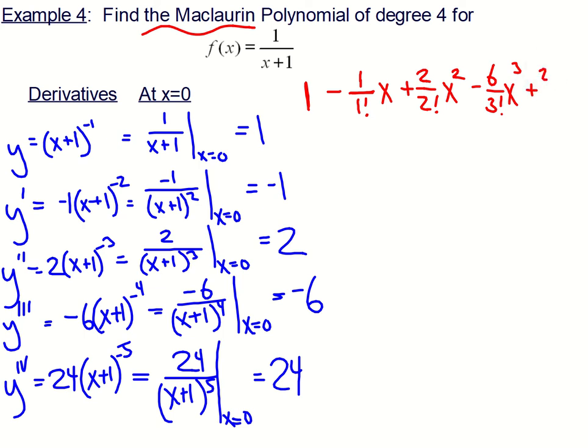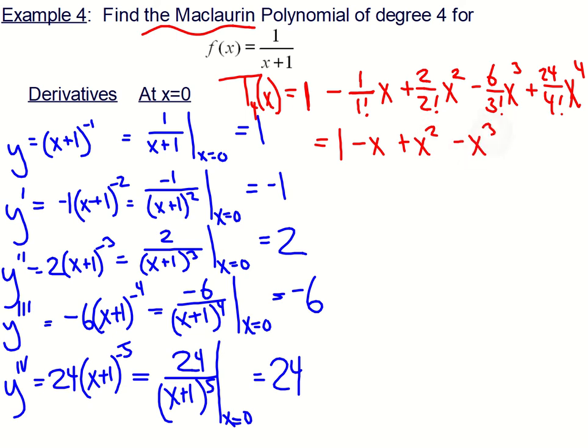And plus 24 over 4 factorial x to the fourth power. This would be my fourth degree Taylor polynomial of 1 over x plus 1, centered at x equals 0. If I simplify this, I get 1 minus x plus x squared, minus x cubed, plus x to the fourth.